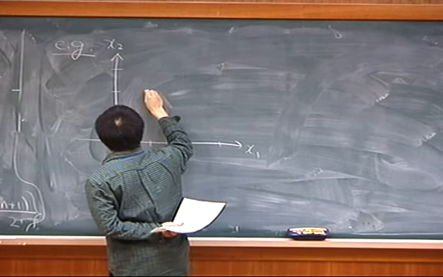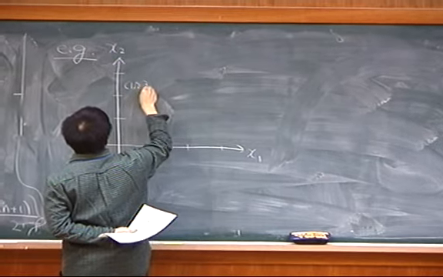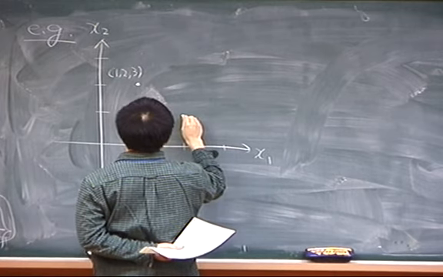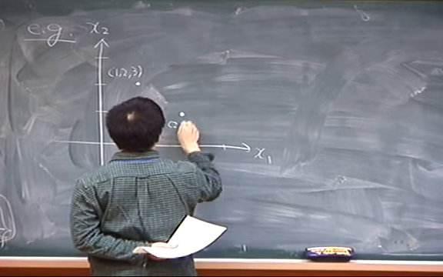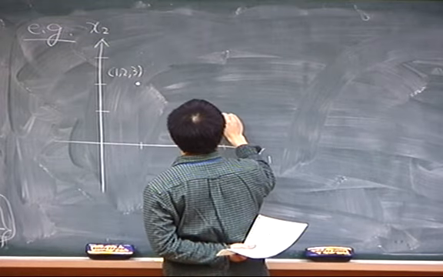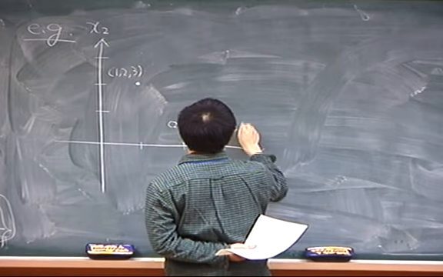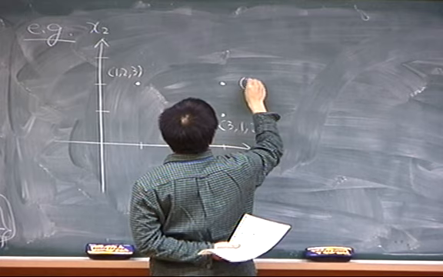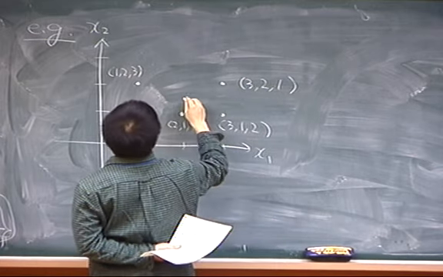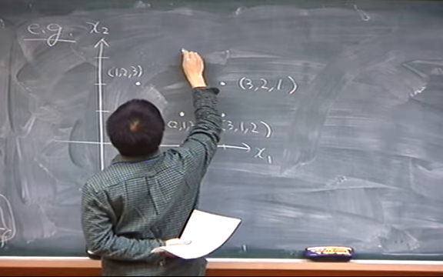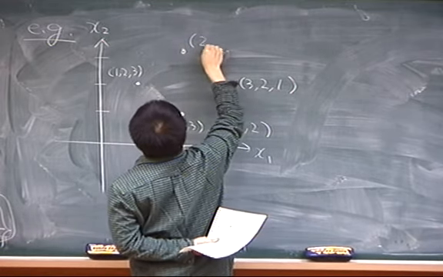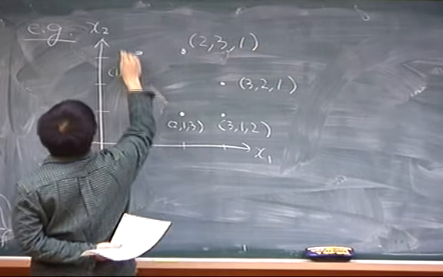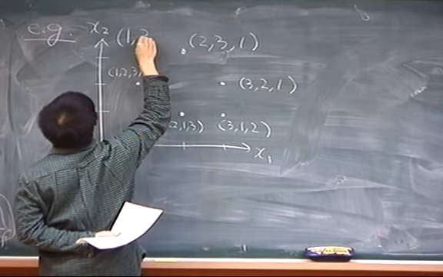So the point 1, 2, 3 is here, and then for example 2, 1, 3, and we have 3, 1, 2, and 3, 2, 1, and we also have 2, 3, 1, and 1, 3, 2.